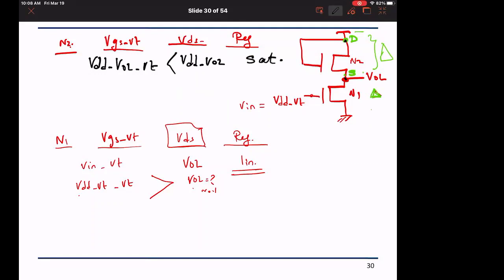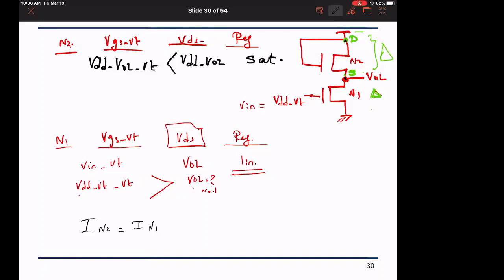And therefore, in order to solve for VOL, I will end up with some form of quadratic equation where I will rely on the fact that IN2 equals IN1. We may still be able to say that VOL is very small, so any quadratic terms can be dropped, and we can end up only with the linear terms in the equation.